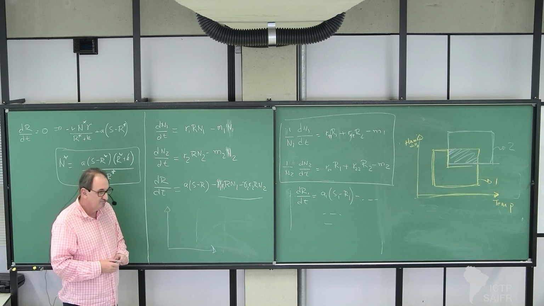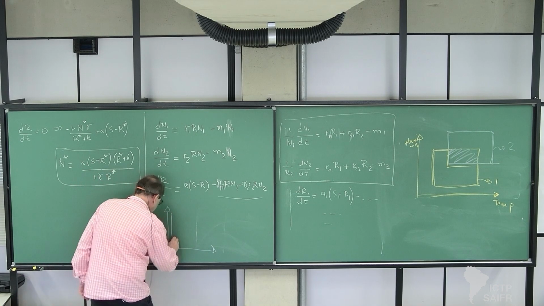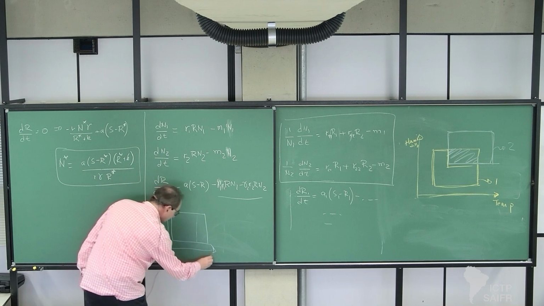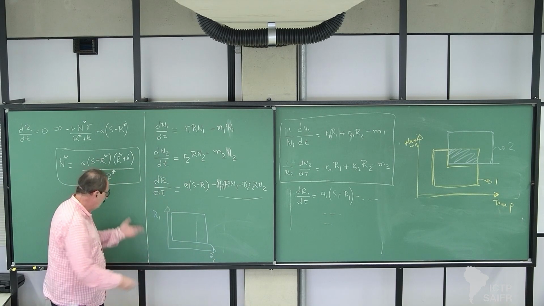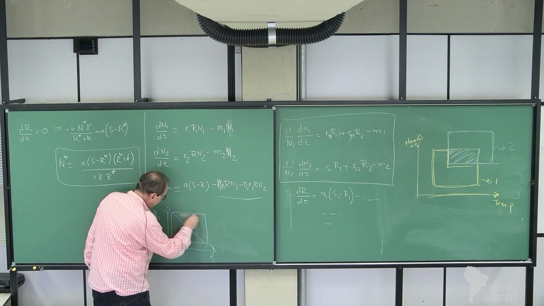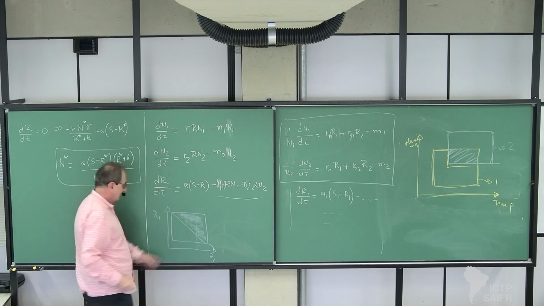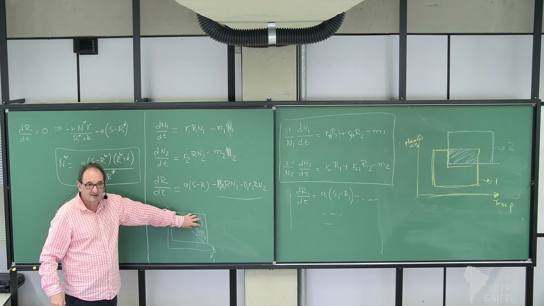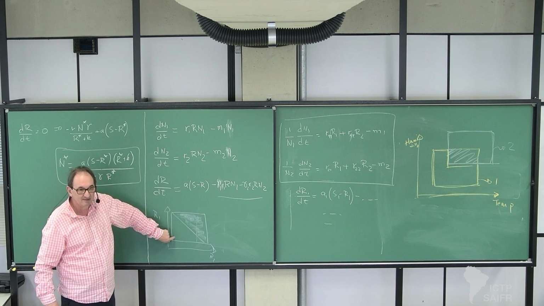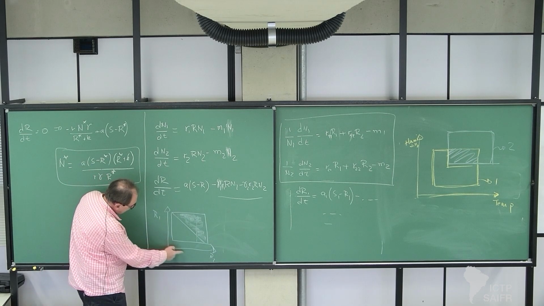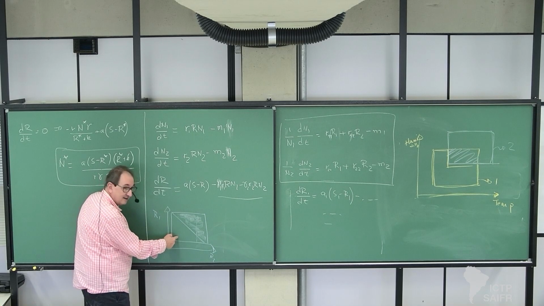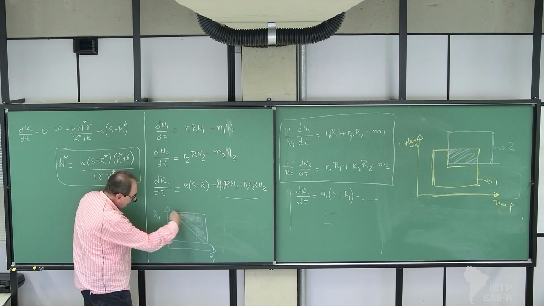So the axes would be resource 1, resource 2, and then here there's a region where, if you have a lot of this, that species can live here and not here. This would be saying, if R1 and R2, the resources, are too small, then it's eliminated. But you can have many diagrams like that.